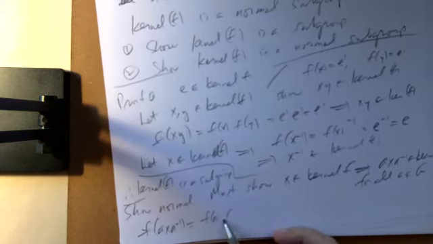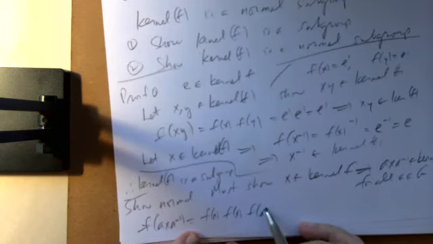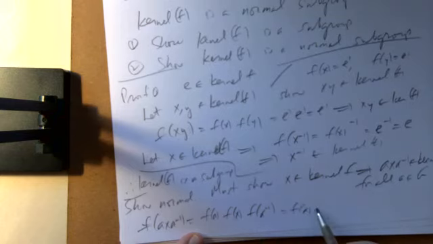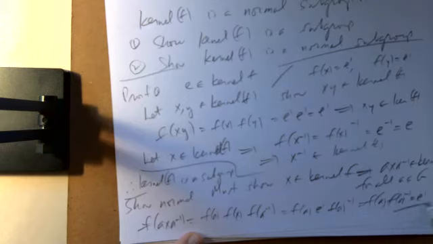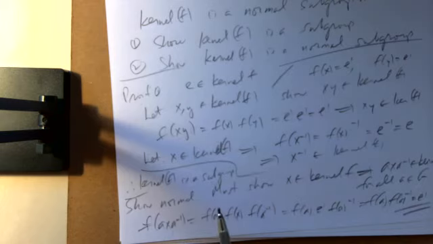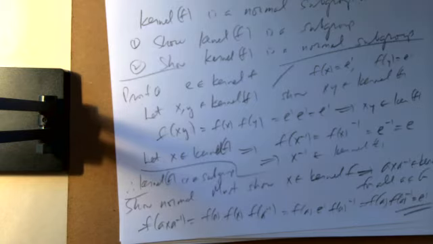That's f of a times f of x times f of a inverse. f of x is the identity, and f of a inverse is the inverse of f of a. So this is f of a times f of a inverse. That's the identity, and we're done. So axa inverse has to be in the kernel. So whenever you have a homomorphism, the kernel always is a normal subgroup.